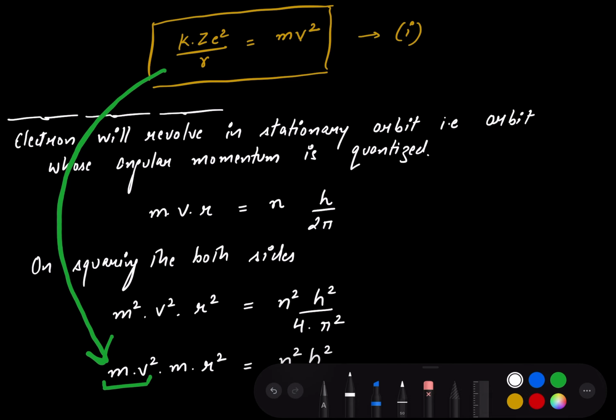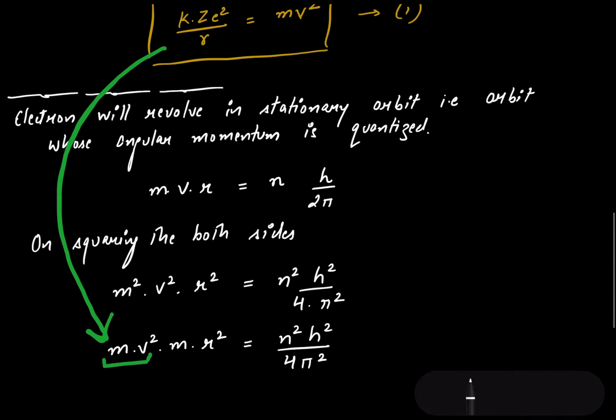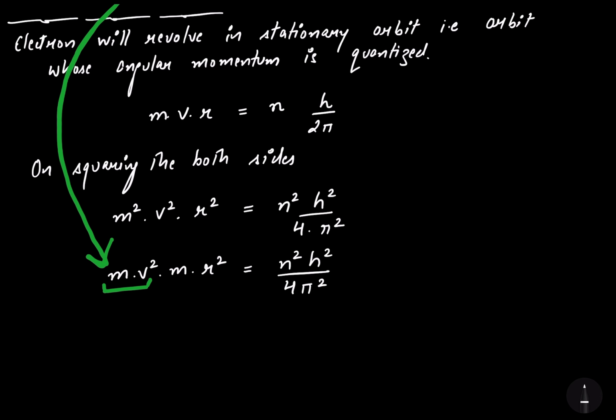So it comes out to be k z e square by r, into m into r square, equal to n square h square upon 4 pi square.